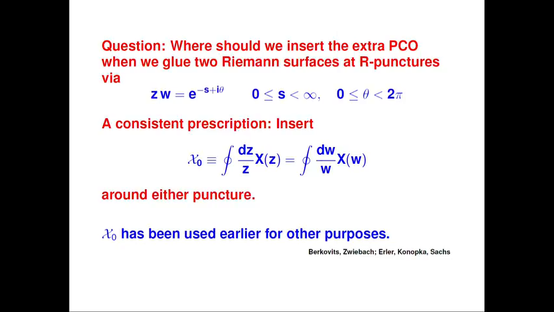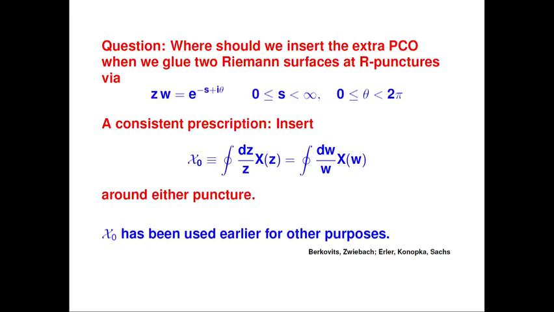This operator is what I will call X0, and it turns out that X0 has some nice properties which make everything consistent. So, this will be our prescription for gluing when we demand gluing compatibility at a Ramond puncture.